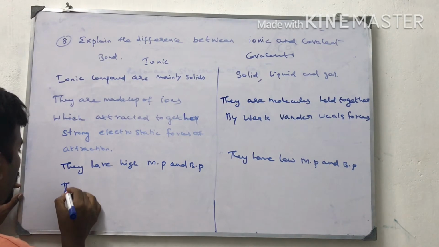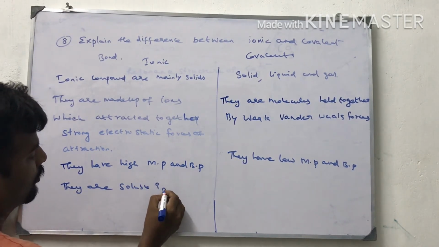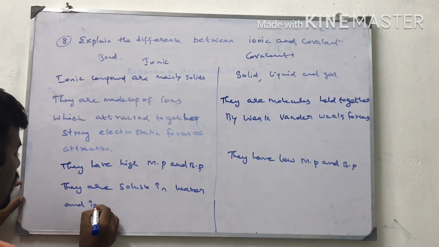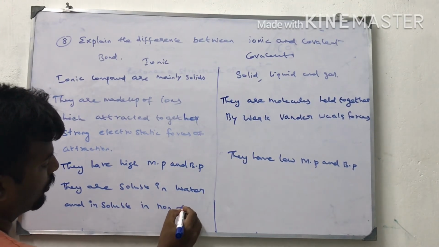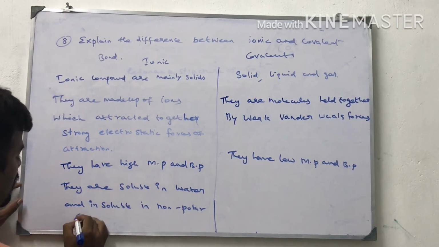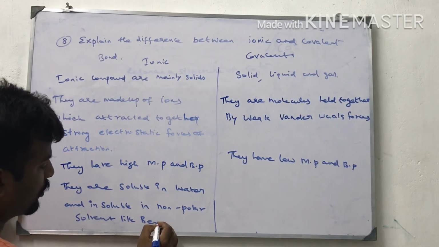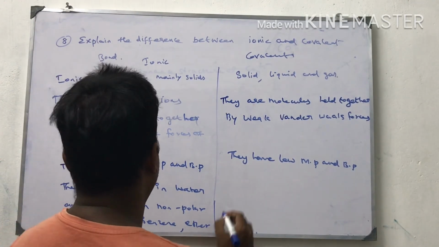Ionic compounds are soluble in polar solvents like water, and insoluble in non-polar solvents like benzene, ether, carbon tetrachloride.